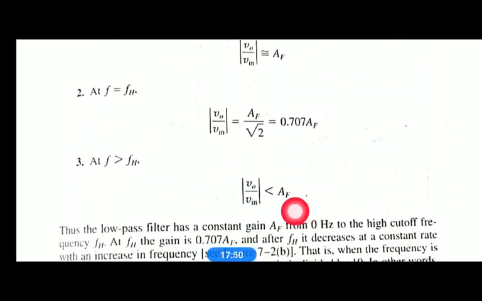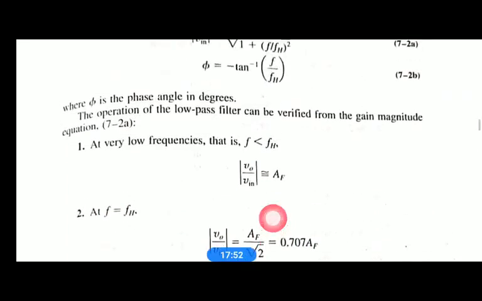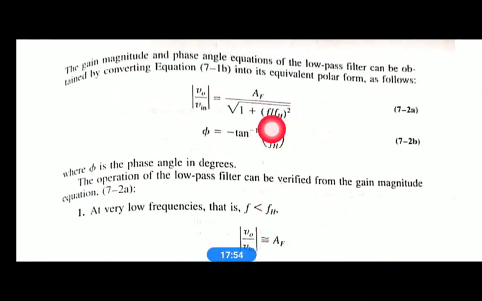When f is greater than fh, definitely this value will be more than 1. Suppose f is double fh, it will be 2 into 2, 2 squared is 4, 1 plus 4, root of 5, which is more than 1.